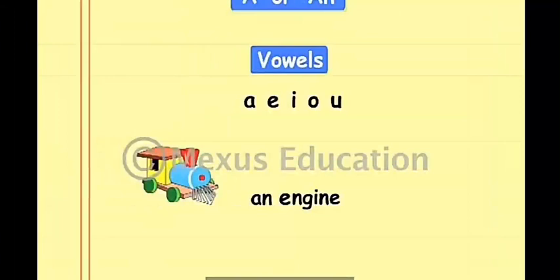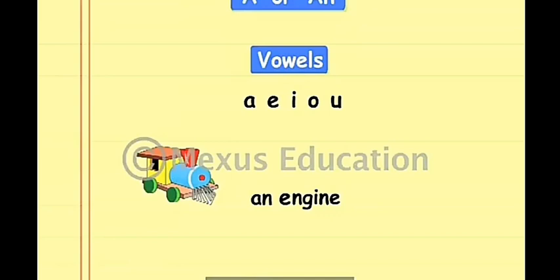Whenever the word begins with a vowel, either of the vowels A, E, I, O, U. Here you can see one word mentioned: engine. It begins with E, so we will say it's an engine.